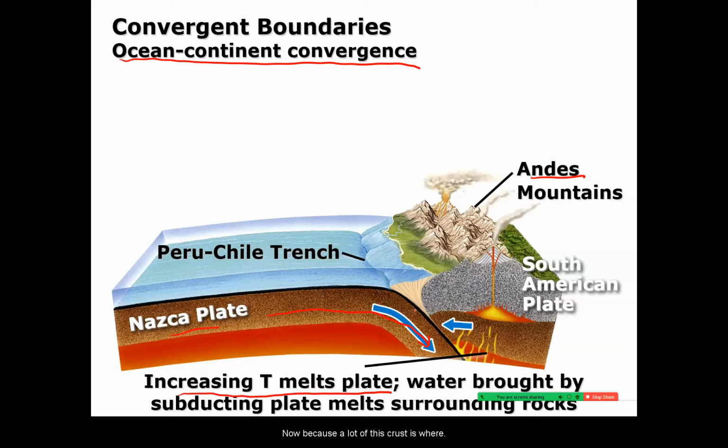Now, because a lot of this crust is wet, right? It was just under the ocean, and there's some moisture brought down by that subducting slab. That helps this plate to melt, and it also helps melt the surrounding rocks some more. So the water at a subduction zone is key to melting.